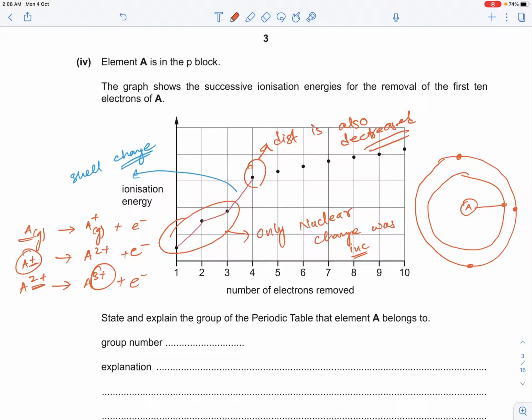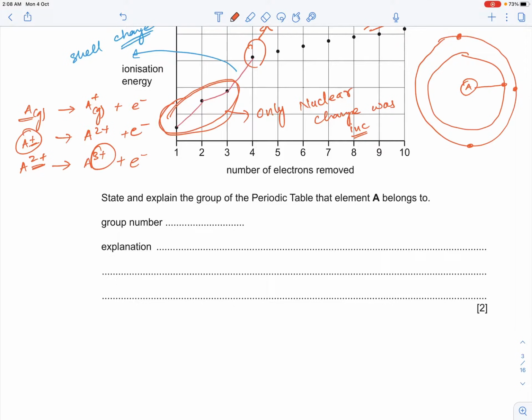belongs to group 3, because it has 3 electrons in its valence shell, and the number of electrons present in the valence shell gives us the idea about its group, right? So if an element has 1 electron in its valence shell, it belongs to group 1. If an element has 2 electrons in its valence shell, it belongs to group 2, and if it has 3 electrons, that means group 3. So it has 3 electrons in its valence shell, so it belongs to group number 3.